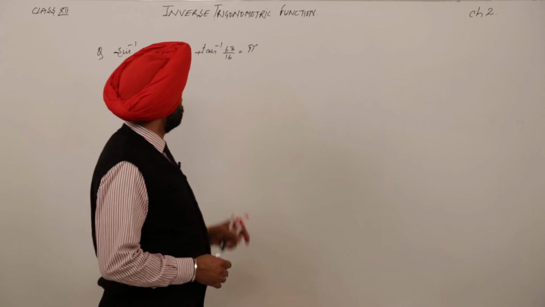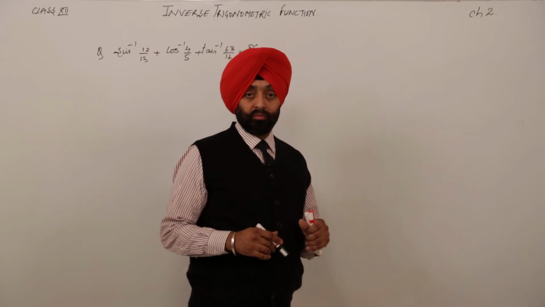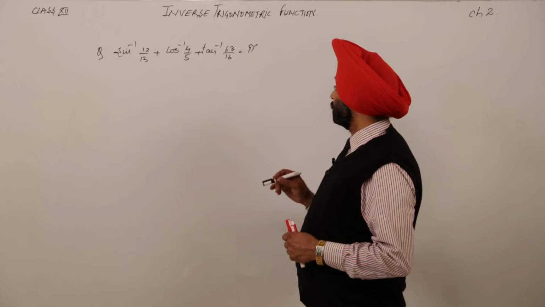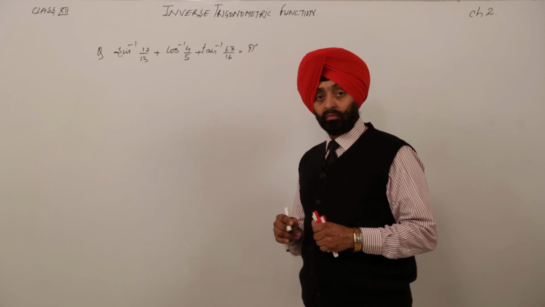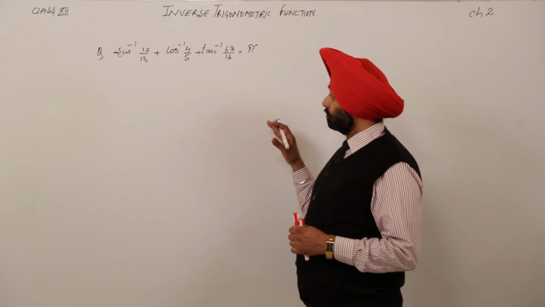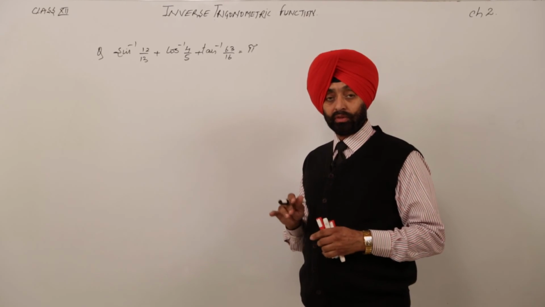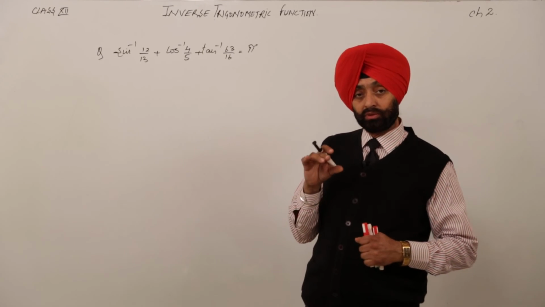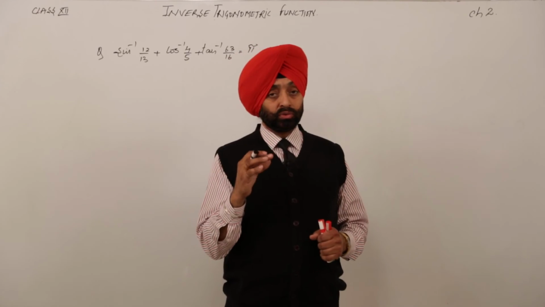Now we have solved this question by property 6, and in that property I told you that from the competition point of view I gave you 3 formulas for the same property, and we use the middle one.